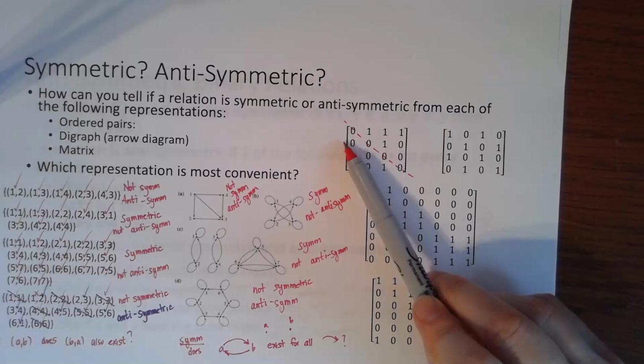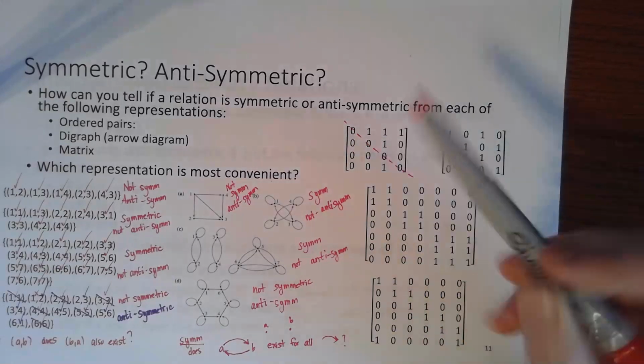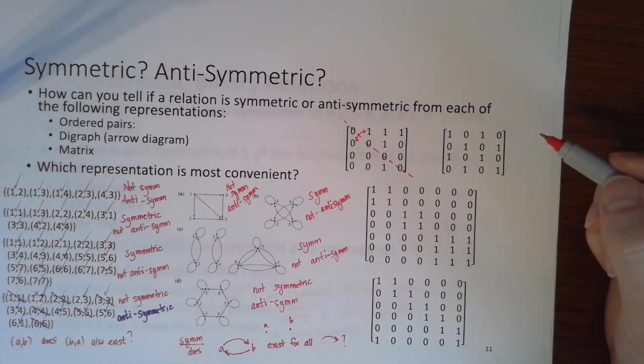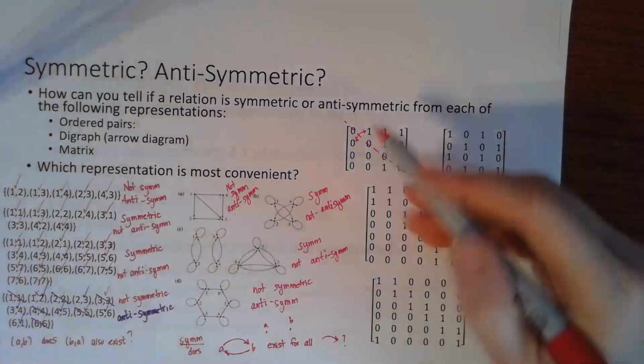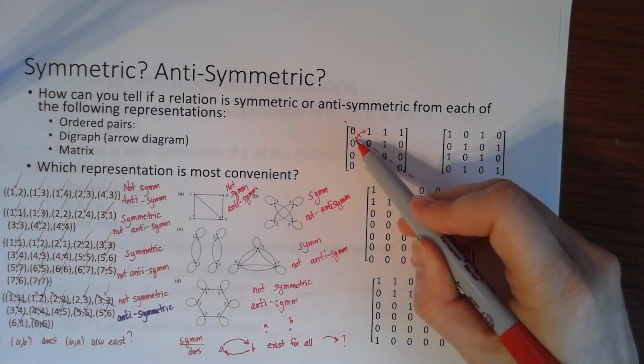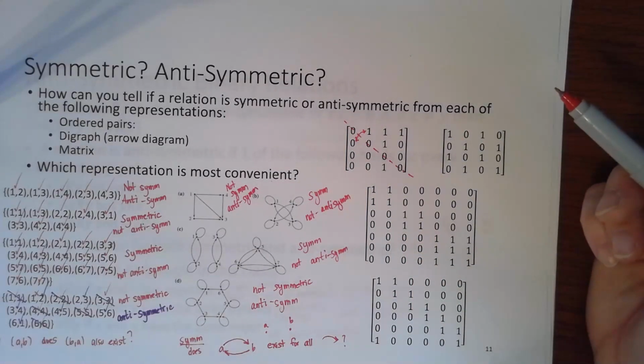So this is 2, 1, and this is 1, 2. I would look across the diagonal and see, every time I have a 1, do I have a 0 on the other side? That would be anti-symmetric.